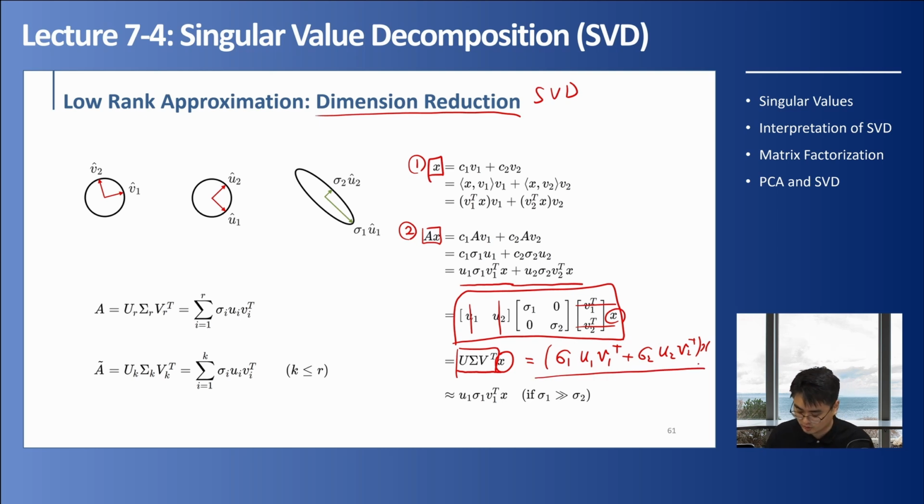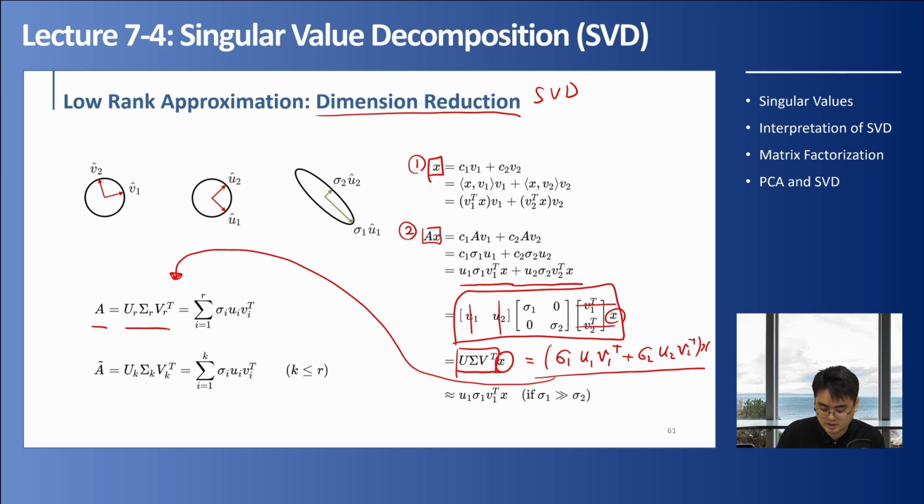So in more general cases, we're going to be able to express our singular value decomposition A, which equals U sigma V transpose, as the sum of sigma i U i V i transpose from i equals 1 to r, where r equals n if it's full rank. Now, this is important.